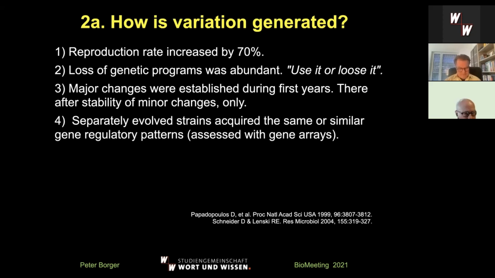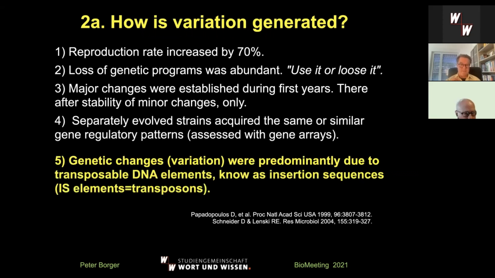And also what is intriguing, I think, that separately evolved strains acquired the same or similar gene regulatory patterns, and it was assessed with gene arrays. But I think one of the most important findings was that genetic changes were predominantly done by transposable DNA elements.